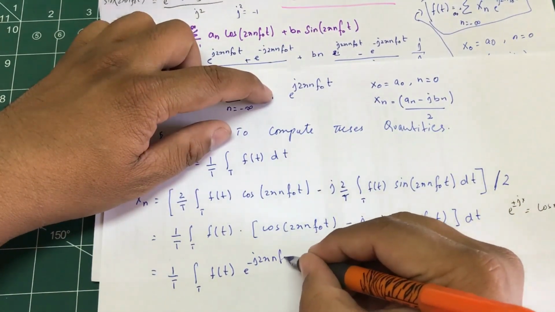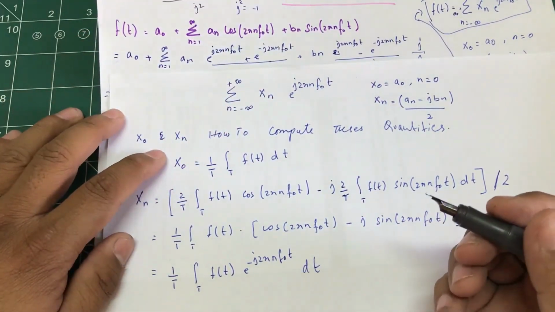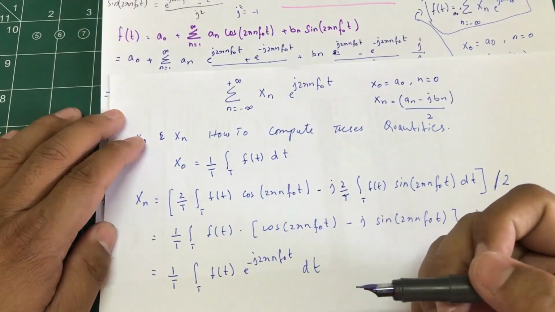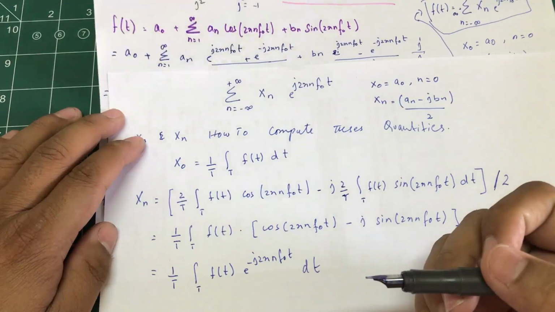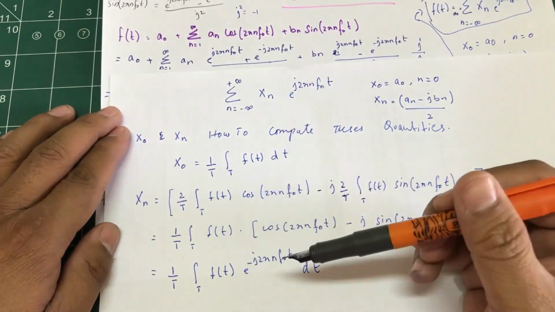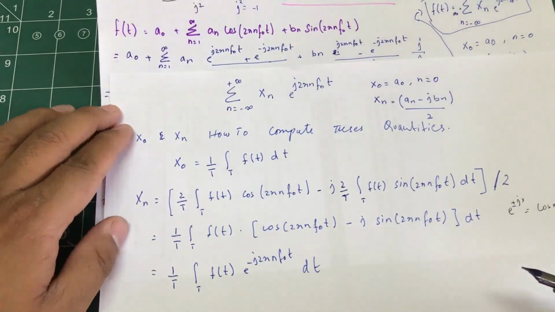Boom. This is how your equation would look. This is your x of n. So this is how you calculate your x naught, and this is how you calculate your x of n in the Fourier series third form.